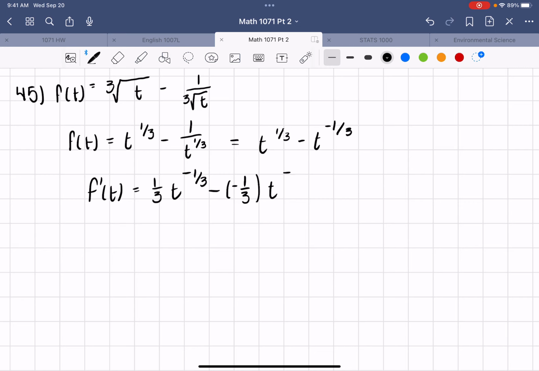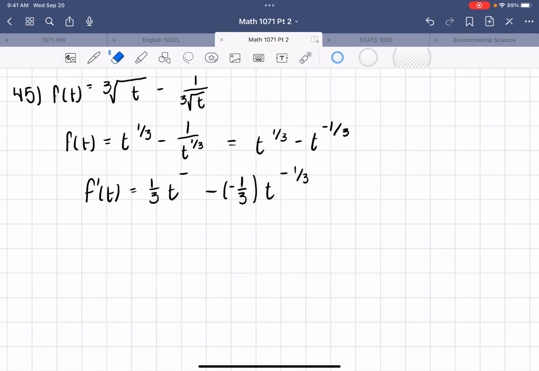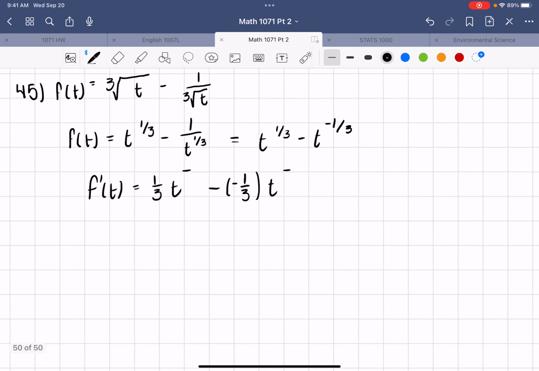So the message here is that n can be a fraction, positive or negative. All n's work. So t to the 1/3. The old power is the new coefficient. The new power is 1 less. How are you with subtracting your fractions? Remember, 1/3 subtract 1.